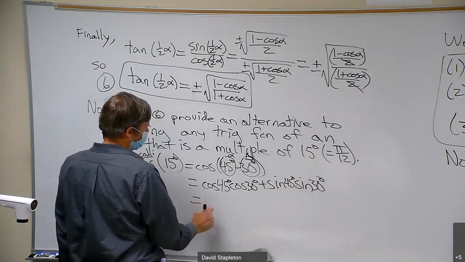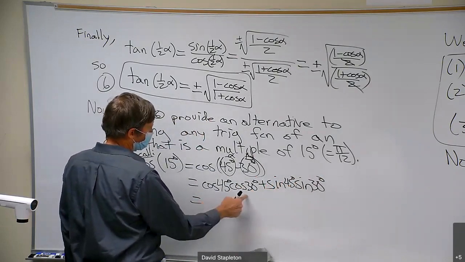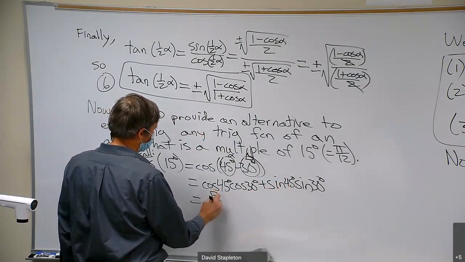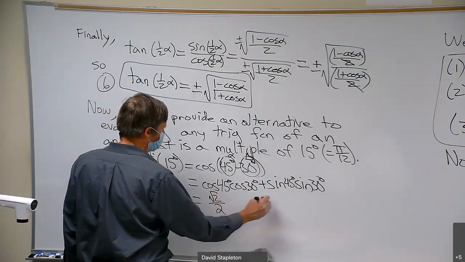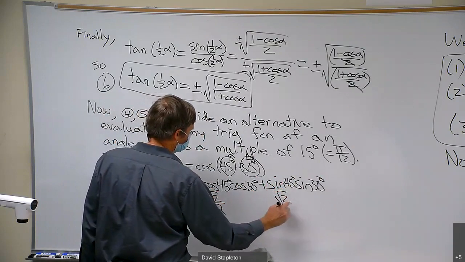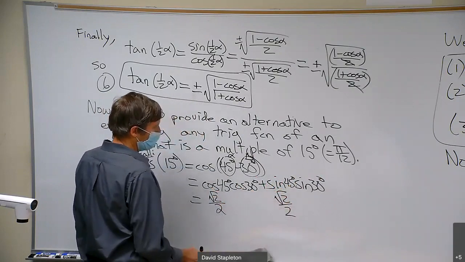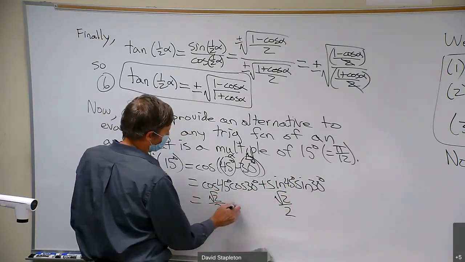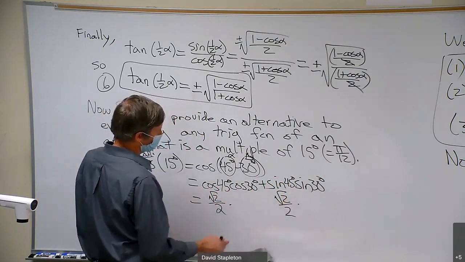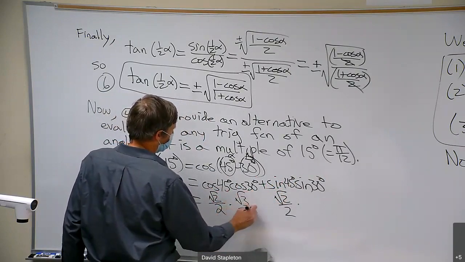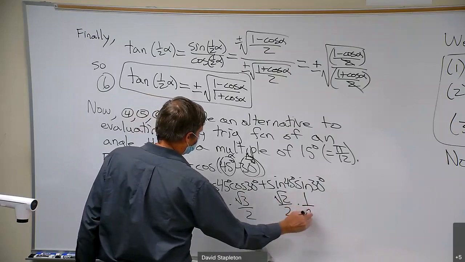And now from the 45-45-90 and 30-60-90 triangles, I probably remember that cosine of 45 degrees is square root of 2 over 2, as is sine 45 degrees. We did these before. Cosine of 30 degrees turned out to be square root of 3 over 2, and the sine of 30 degrees turned out to be a half.